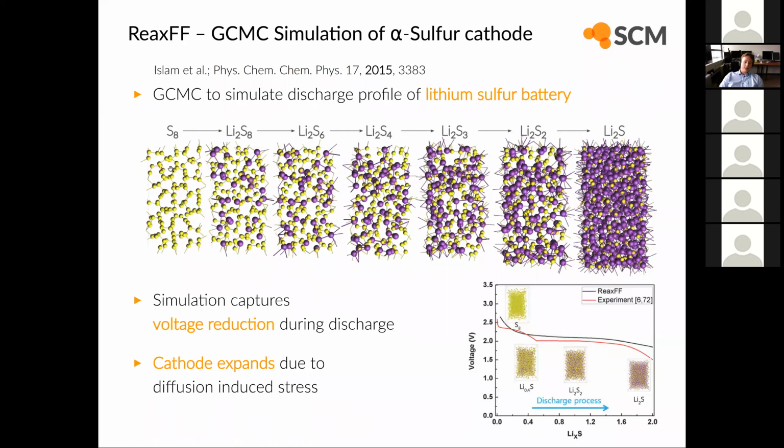As you can see here, starting from the bare sulfur cathode, more and more lithium atoms or ions are added. And then one sees two different effects. First and foremost, one is able to simulate the reduction of the battery voltage during the discharge process. As you can see here, this at least qualitatively agrees with the experiment.